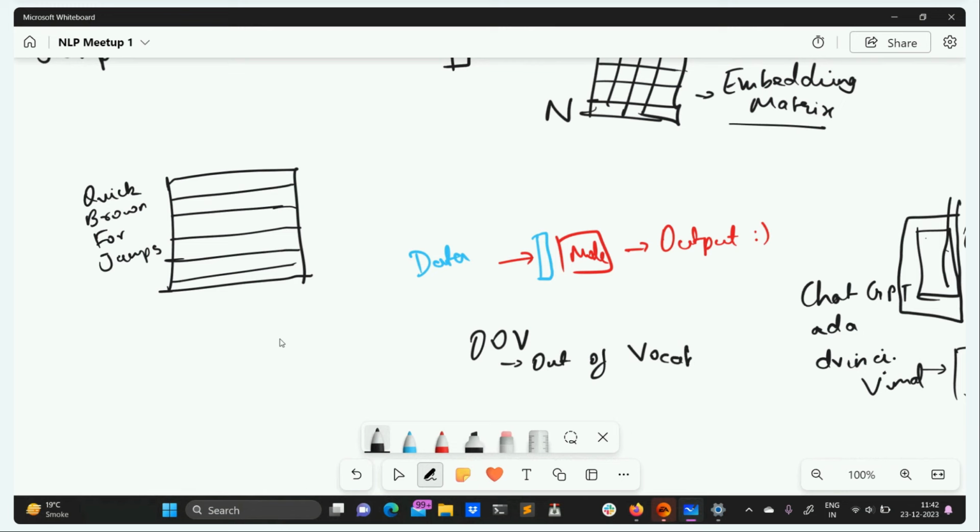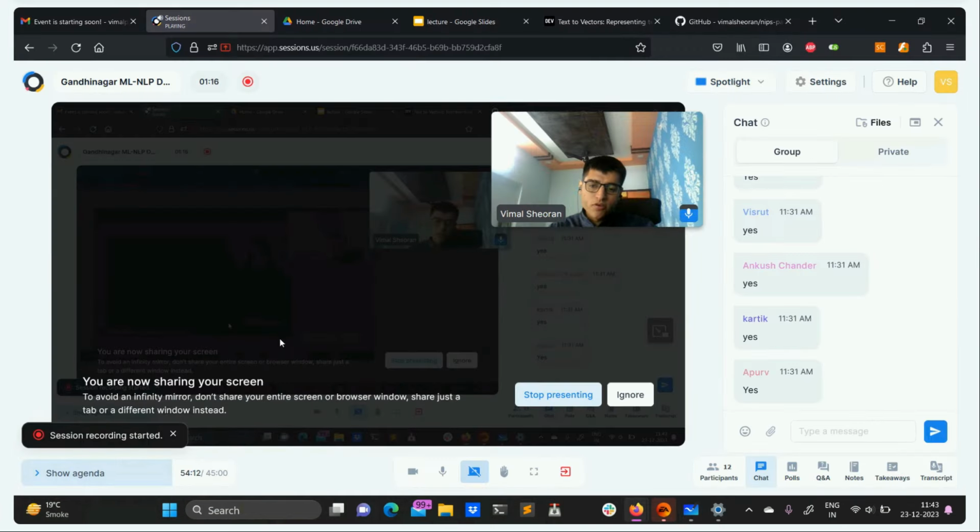Whenever it sees a word which is not present within its vocabulary, it would reserve a vector for it, which of course gets trained, and this vector gets returned for every word that is not present within the vocabulary. Sometimes people also prefer to just ignore that word altogether. If there is no embedding for it, you just don't process it. But usually the way to do it is that you have an OOV token for that. I hope that answers your question.